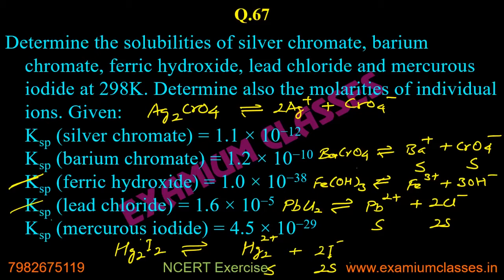If you consider this one, you will get the correct answer. Ksp will be just S multiplied by 2S whole square. And these types of questions are very common in your exam. Question number 67, most probably more than 80% of the times this type of question will be there in your examination.